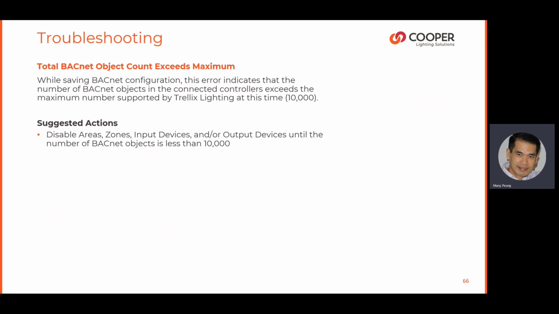Each of those points will take up 1 point toward the 10,000. Okay, so if you find out that you exceed the 10,000 points, you have to talk with the BACnet integrator and find out which ones are the most important to the site, and remove the ones that are not important. That way you can stay within the 10,000 points.